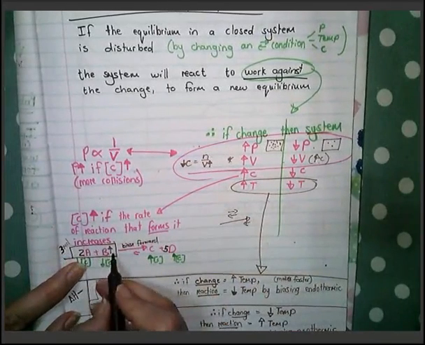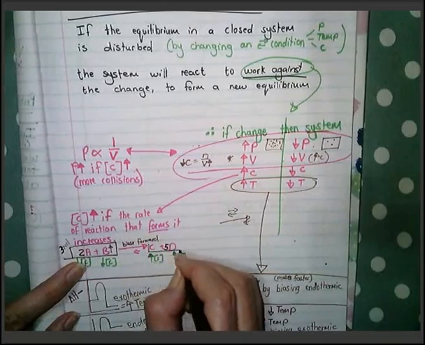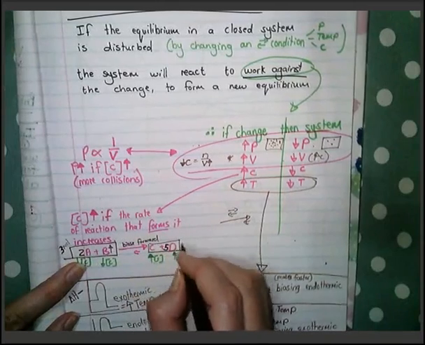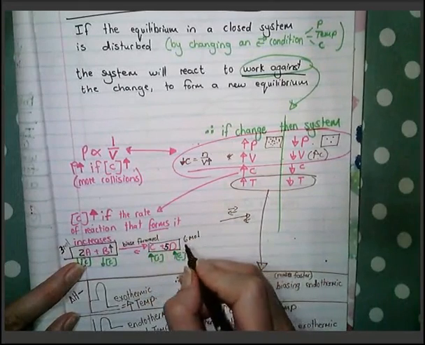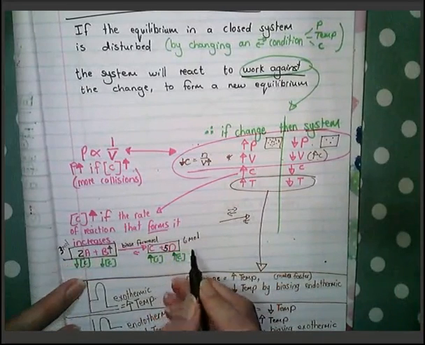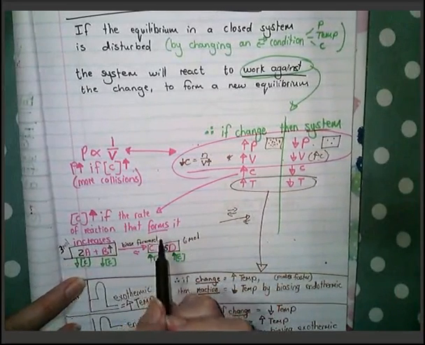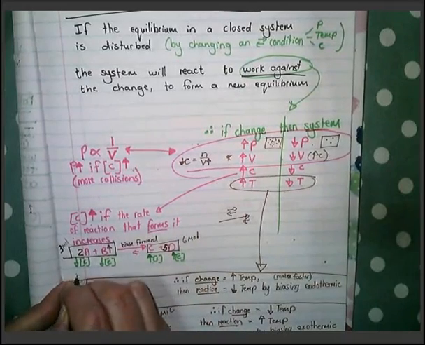That is formed by the reverse reaction. Over on this side, we have 1 plus 5, so we have 6 moles of substance formed by the forward reaction.